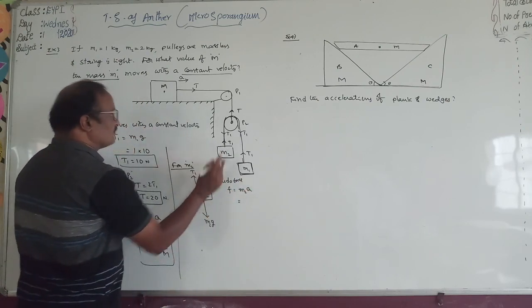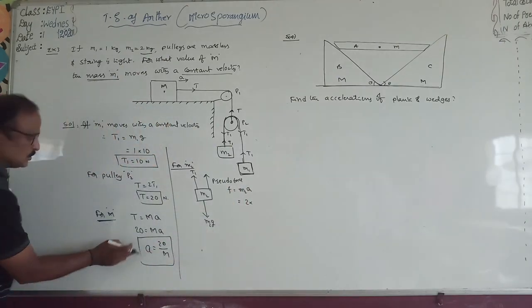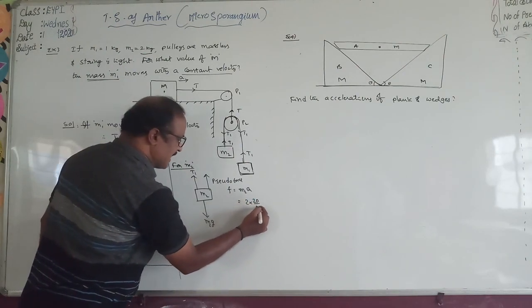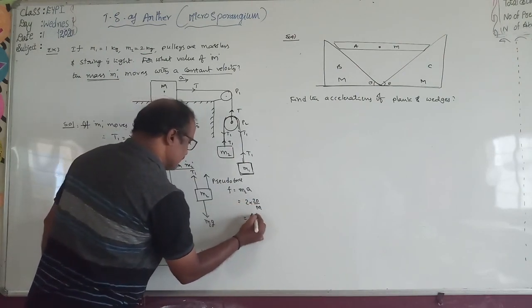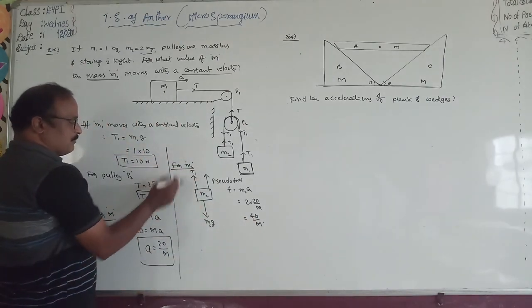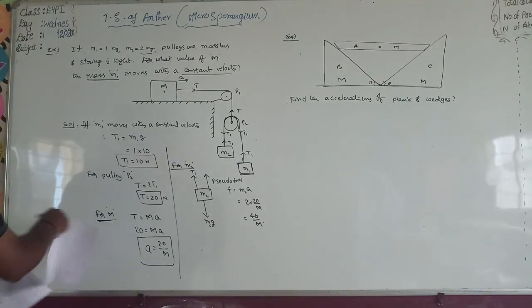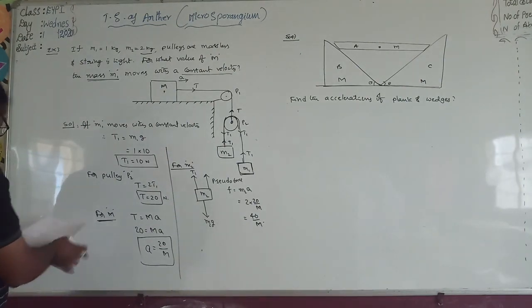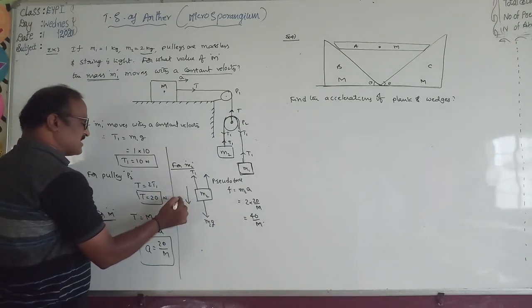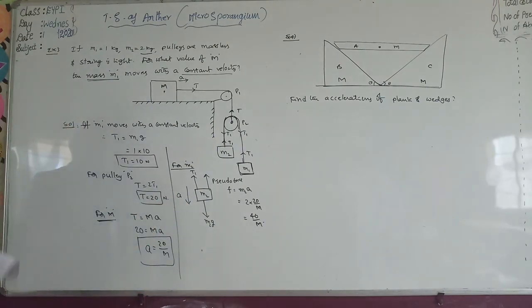M2 is equal to 2 kilograms. So 2 into A, and A is equal to 20 by capital M, so in total it is 40 by M. This is the pseudo force acting on M2. T1 is upwards, M2G is downwards. In which direction does M2 move? Take it that M2 moves downwards with an acceleration, the same acceleration A as the block.